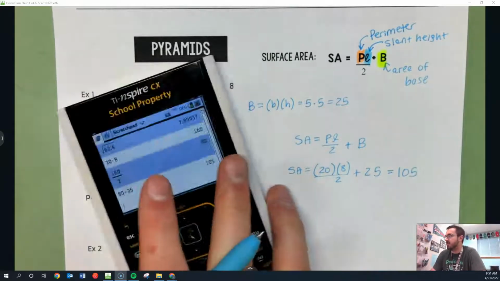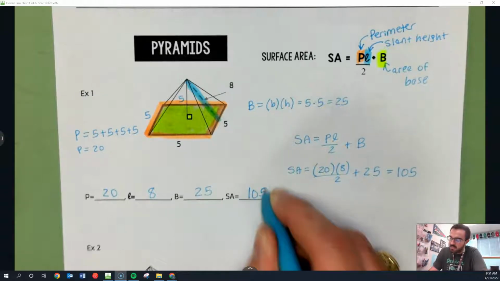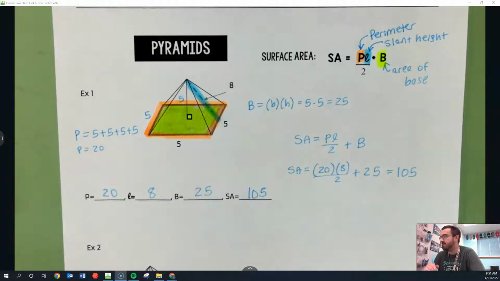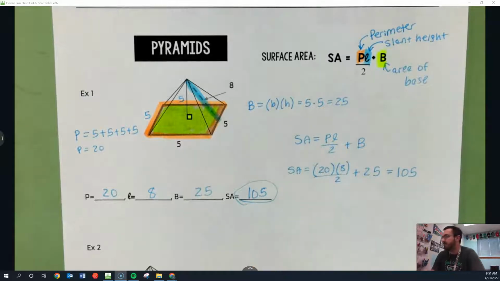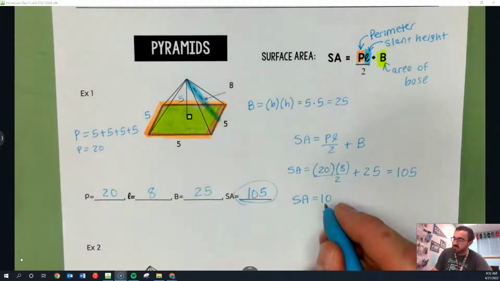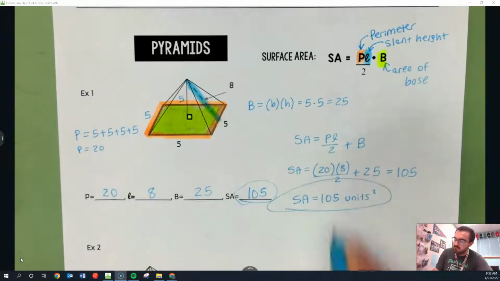I like to do it in steps just so I make sure I'm doing it all right. 105 is my surface area here. Nothing too crazy. Let's say surface area equals 105 units squared. All right, not too bad.